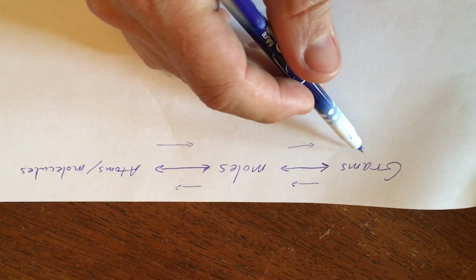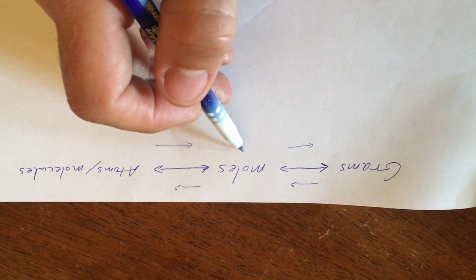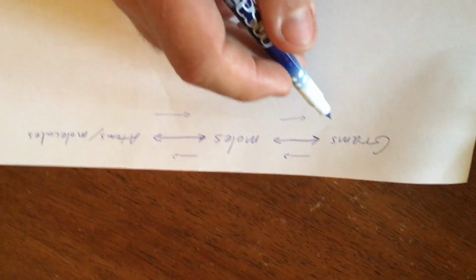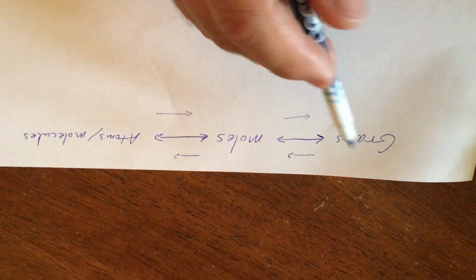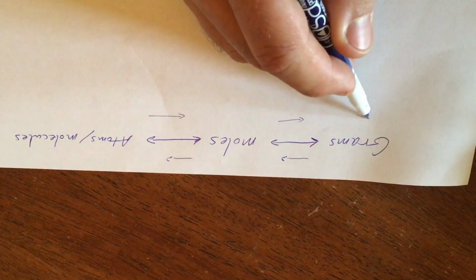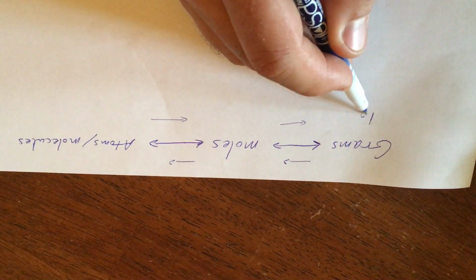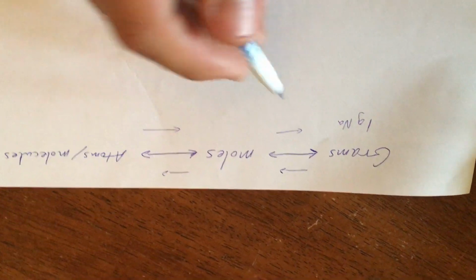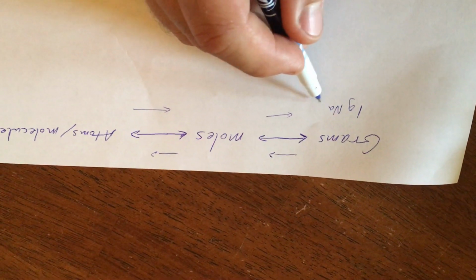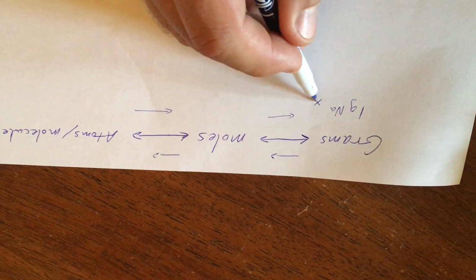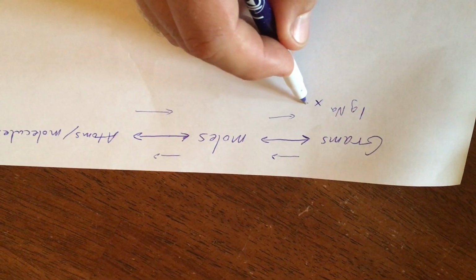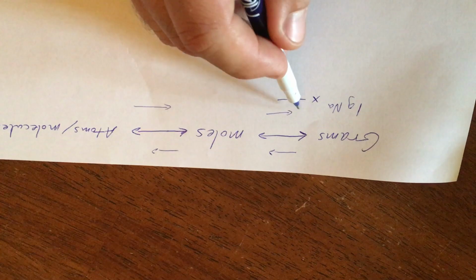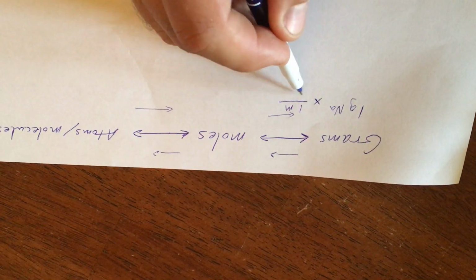For example, if we're going from grams to moles, how do we do that? If we had, say, 1 gram of sodium, how do I know how many moles that is? I would have to multiply by a certain factor, which would basically be 1 mole is how many grams.